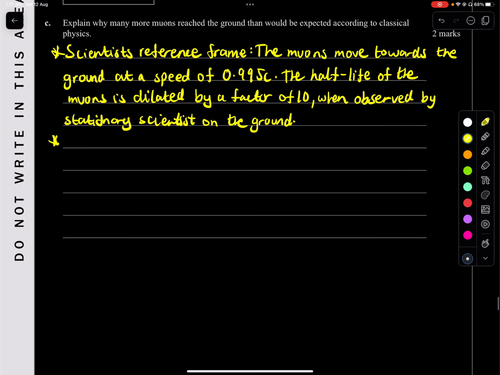So in the muons' frame of reference. Reference frame.